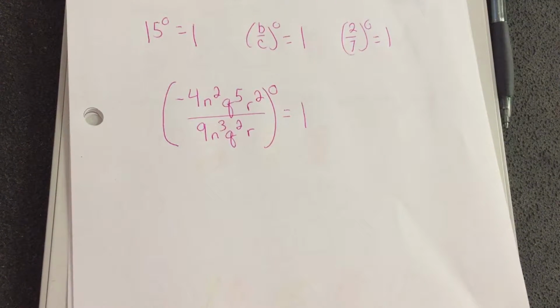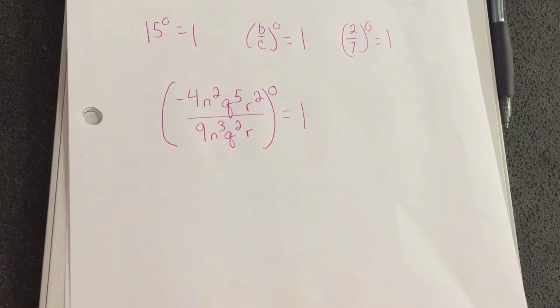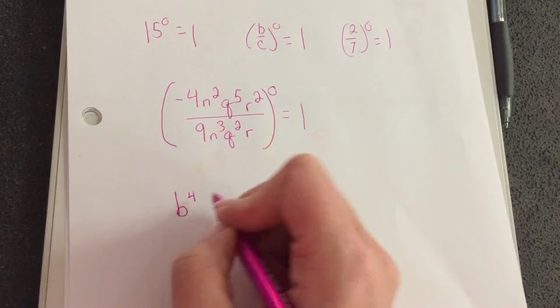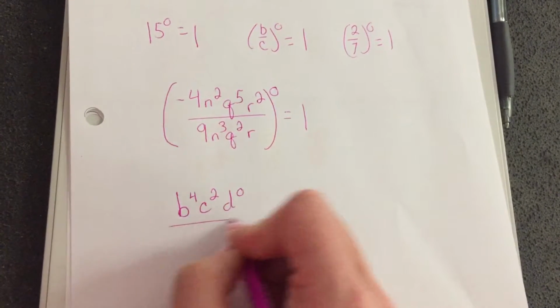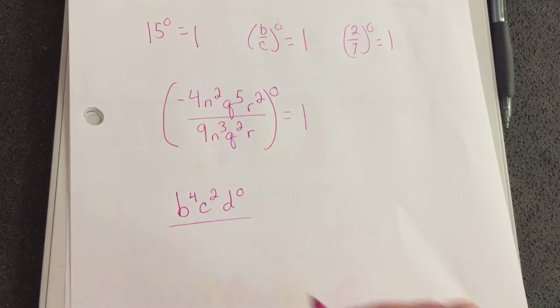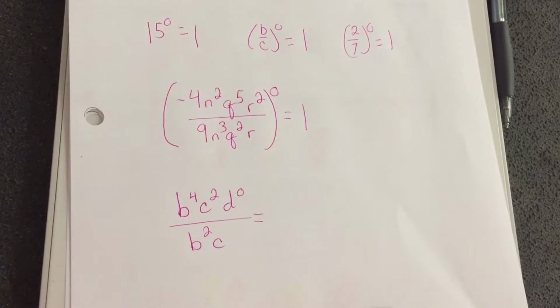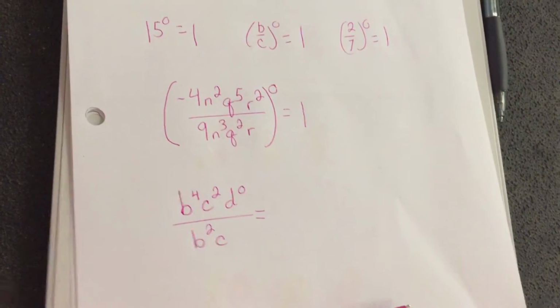All right. But now that is different than if I give you this. B to the 4th, C squared, D to the 0 power, over B squared C. Okay, I'm going to move my phone to try to make this more steady, so sorry.